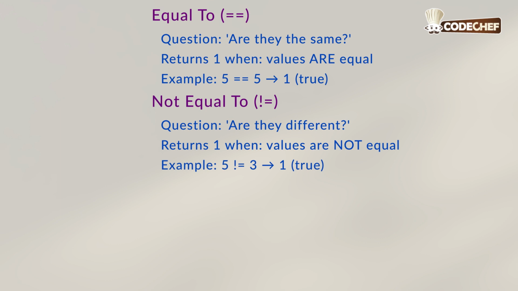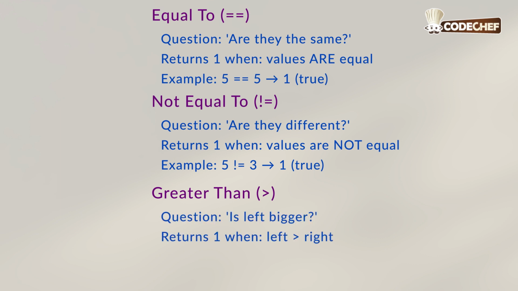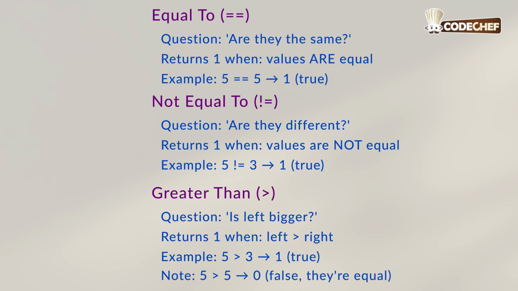The next is greater than. The question we ask is, is the left value bigger? It returns 1 when the left value is greater than the right value. For example, 5 is greater than 3, which is true. Note that 5 is greater than 5 comes as false because they are equal and not greater than each other. The next is less than.